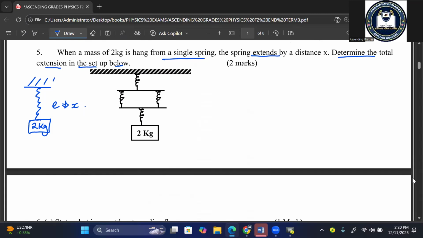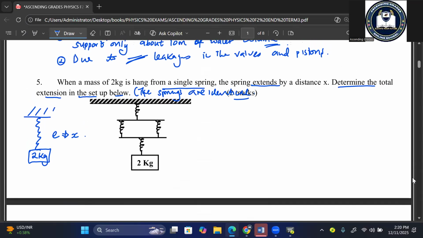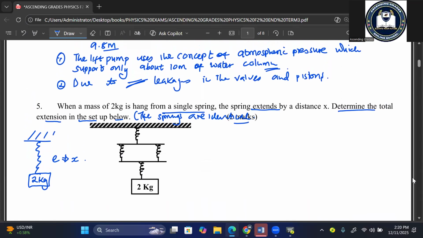So we should be having something here. A condition is that the springs are identical. So if a single spring extends by x, then these two which are in parallel are going to extend by half x.